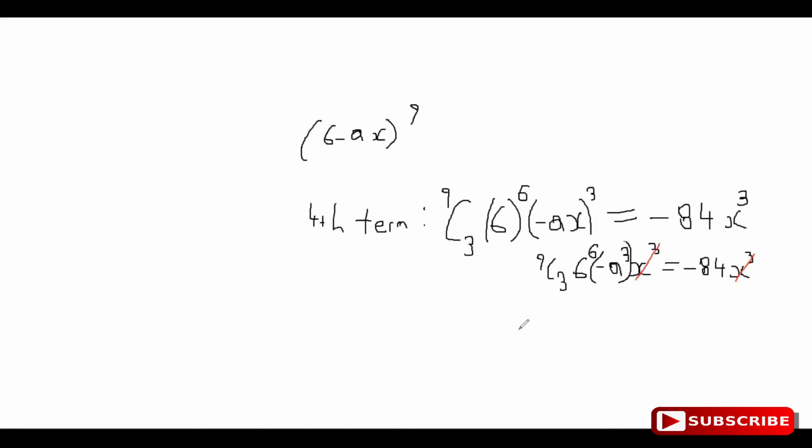All right. And so now we just make a the subject. Now look at this. This minus sign right here cancels this minus sign here too. And so what we end up getting is a cubed is equal to 84 divided by 9 choose 3 times 6 to the 6.